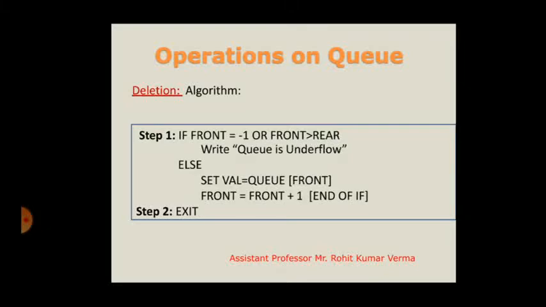If the queue is empty and we are trying to delete an element, that produces an underflow condition. So in the first step we check whether the queue is empty or not. If it is empty and we try to delete an element, it will produce an underflow condition.